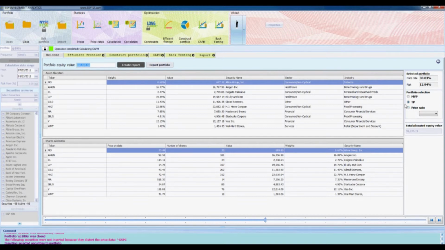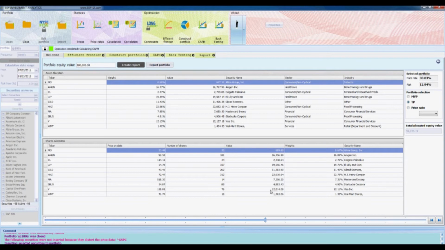So this is the results of the tangency portfolio, and suppose we have $100,000 to invest, and you see that it gives us the optimal portfolio, and then this is the price on this date, the 1st of March, and the number of shares to buy of each.